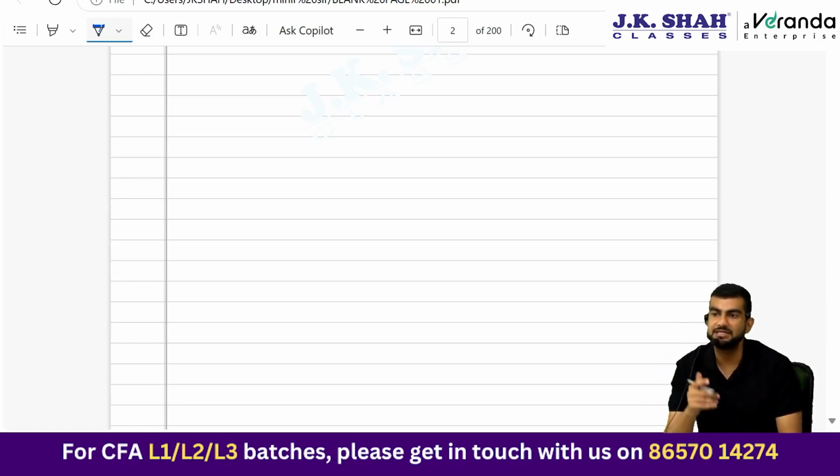Okay, if these four conditions are satisfied, by the way, tell me one thing, do all these four conditions need to be satisfied or any one condition also? All these four conditions need to be satisfied, then only you can call it a development phase. And once any expenditure is incurred during the development phase, as per IFRS, it has to be capitalized. I had given you an example of a pharma company.